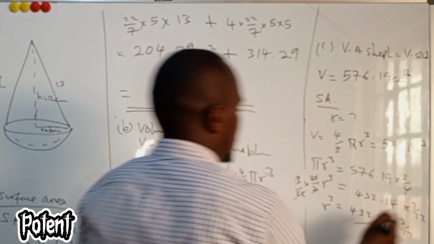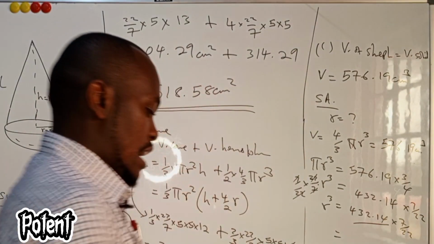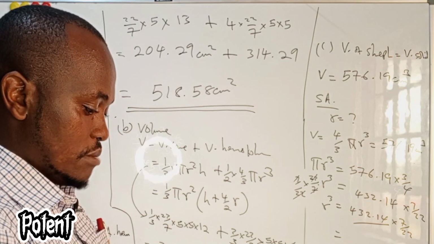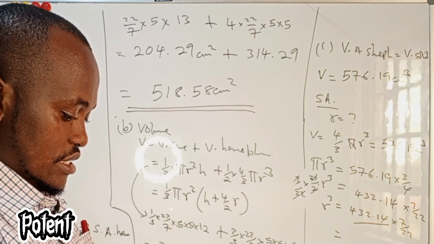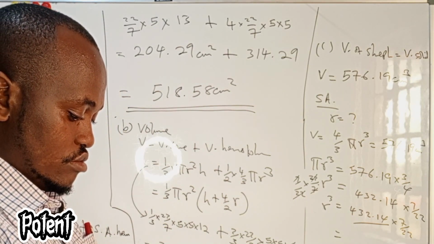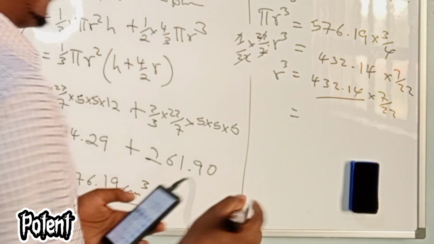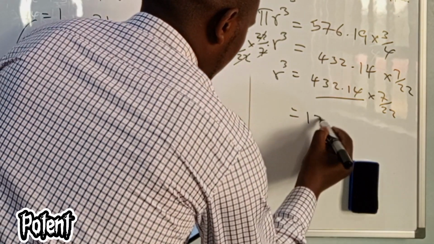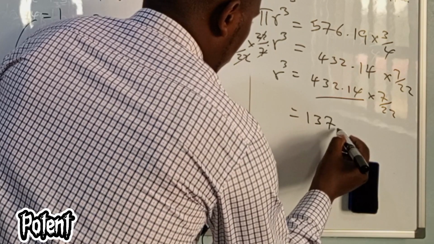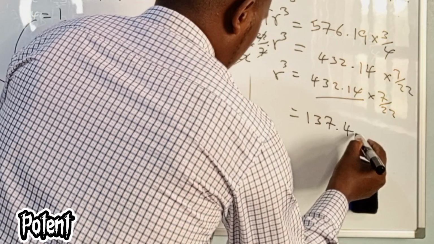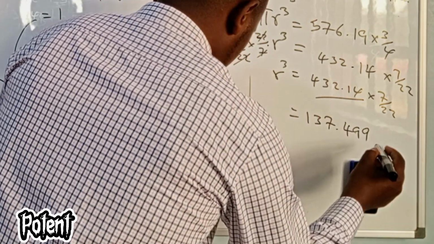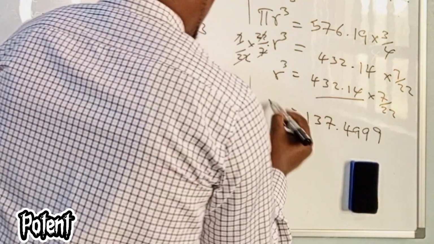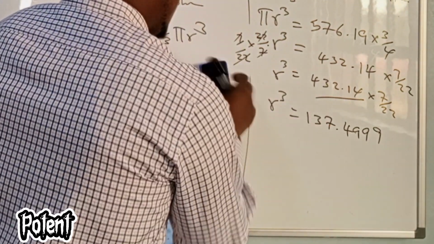But if you want to use this, do this. So this answer times 7 divided by 22, you have 137.4999. So r cubed.